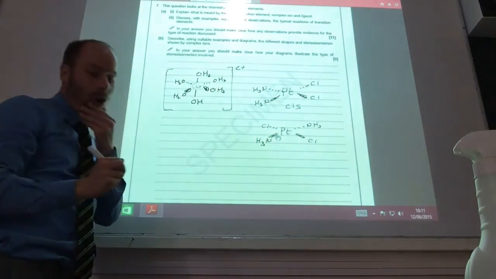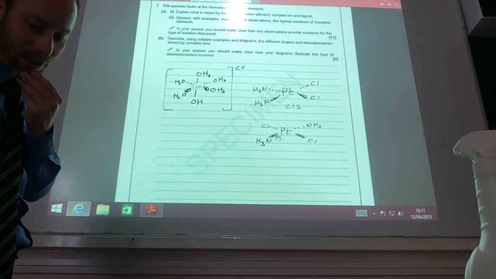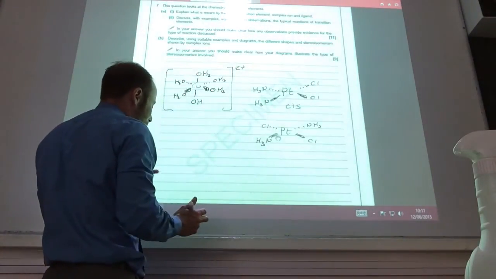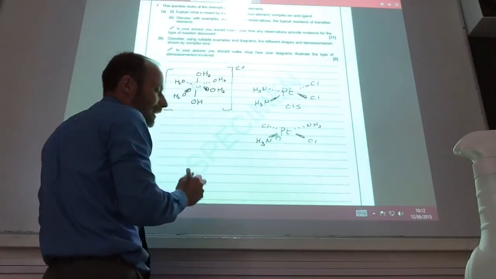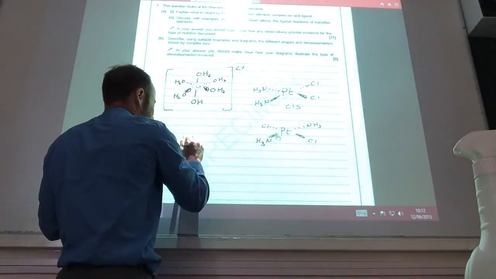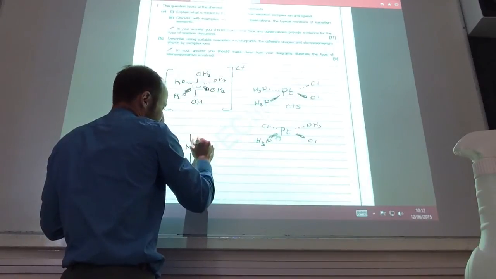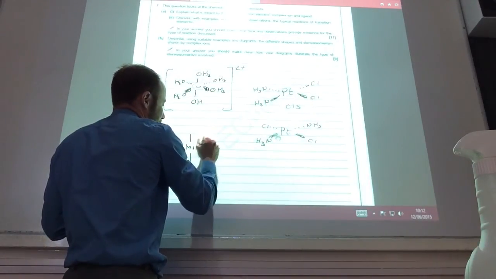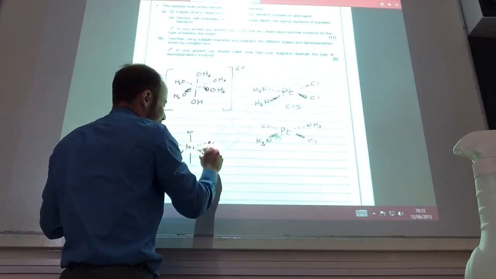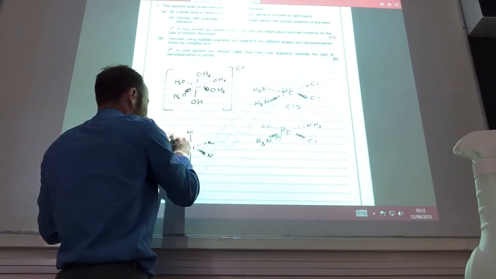You've also got optical isomerism as well if you have 3 bidentate ligands. So let's do an example of that. So it's going to be nickel, just draw them out. Probably easier to simplify.